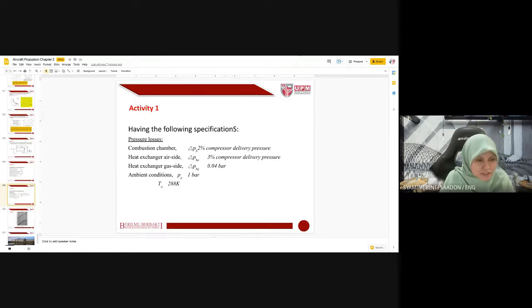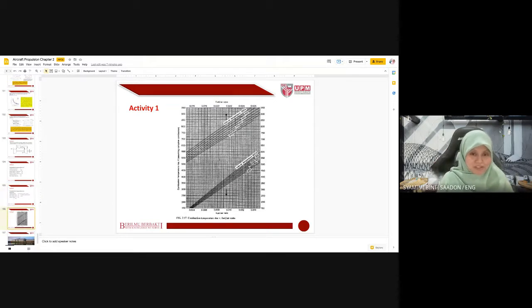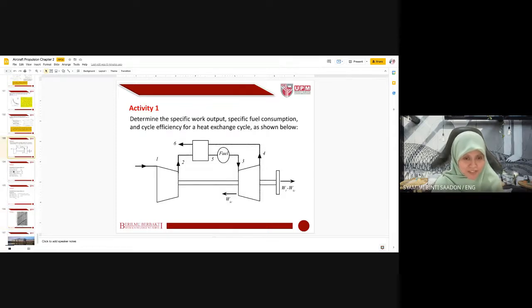The value given is 0.04 bar, correct. Then ambient conditions: 1 bar, the normal ambient condition, and 288 Kelvin. You also have this diagram of the combustion temperature that you can use to estimate the fuel to air ratio, in order to calculate the cycle efficiency later on.